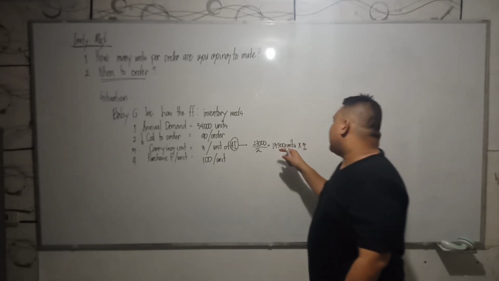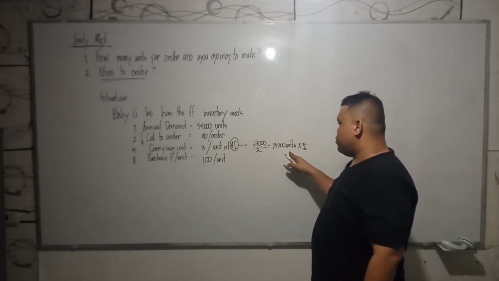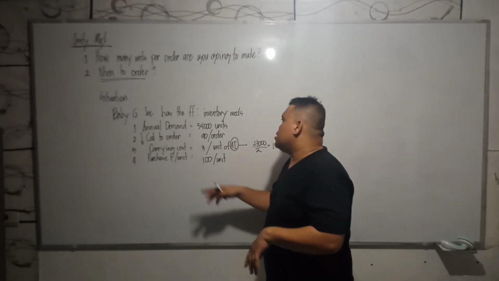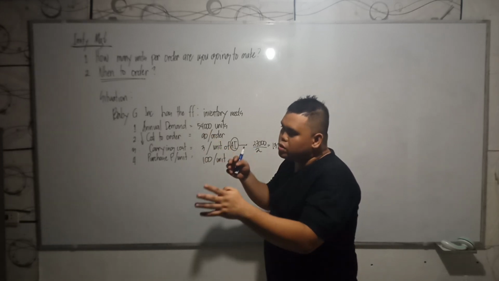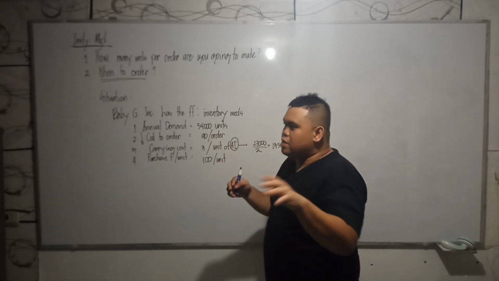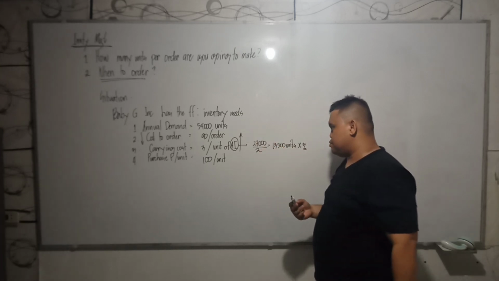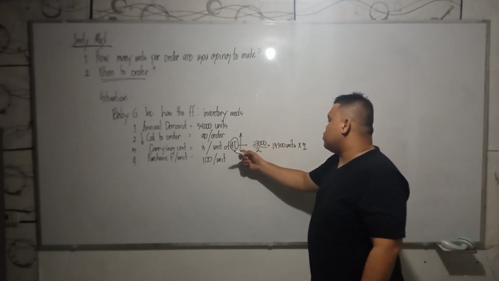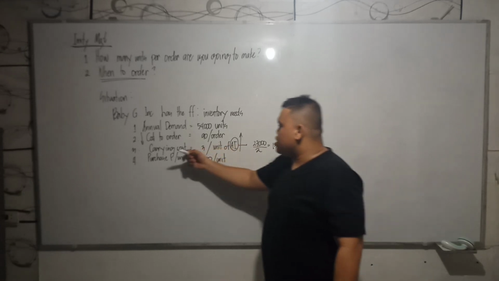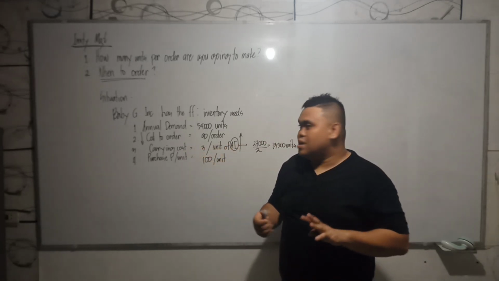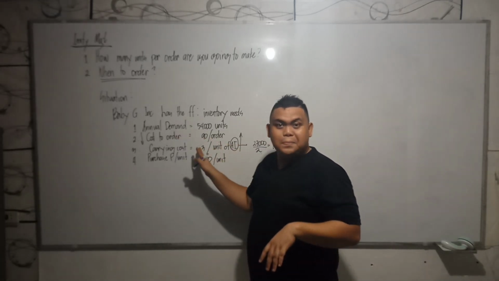However, the carrying cost will be bigger. Why? Because on the 54,000, you order 27,000 and then divide by 2, the average inventory will rise. And if the average inventory rises, the carrying cost will also rise. So that's actually the problem.